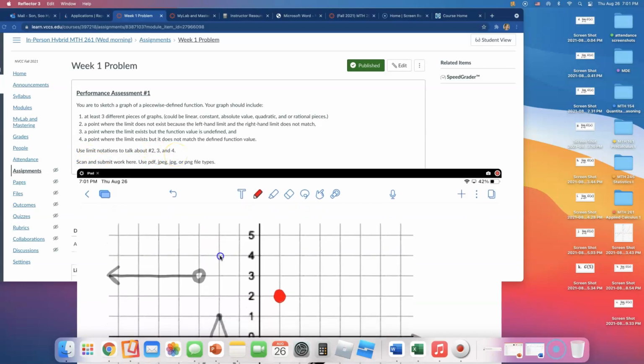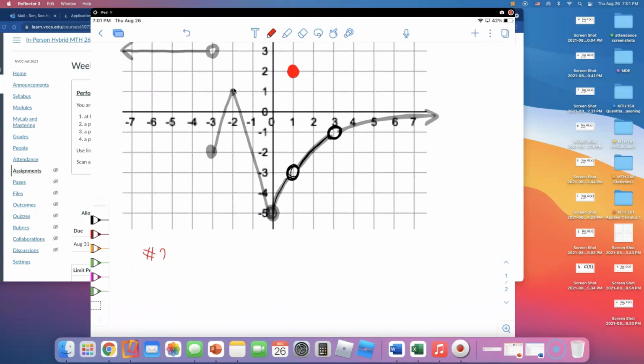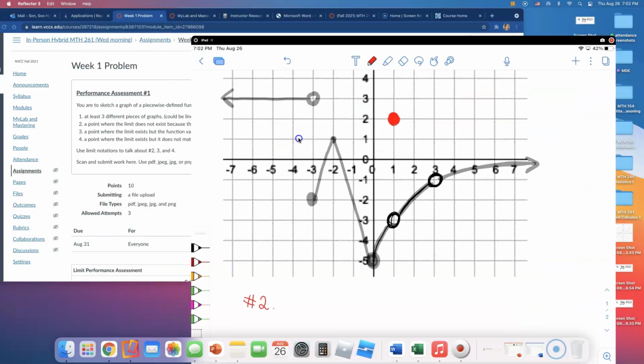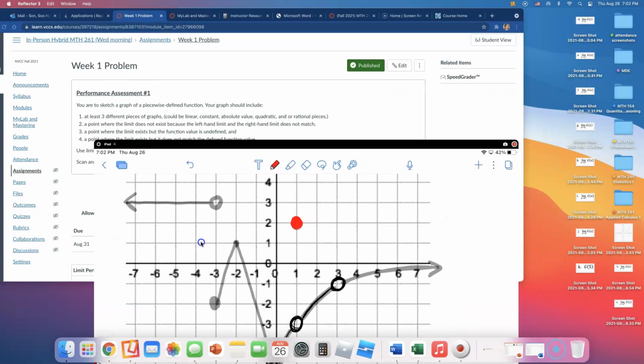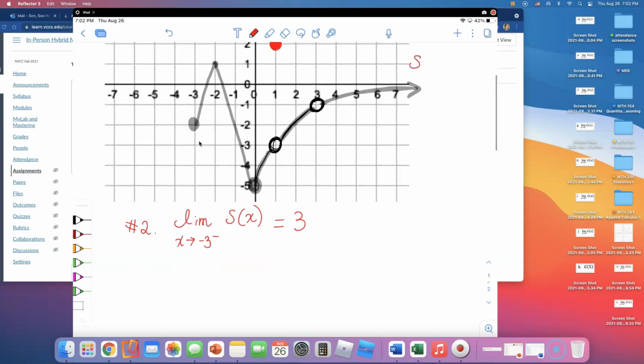Okay, so for number 2, because number 2 was about the limit not existing because the left-hand limit and the right-hand limit do not match, I can say, if I name my function S for Sue, the limit of S of x as x approaches -3 from the left is equal to 3, okay?